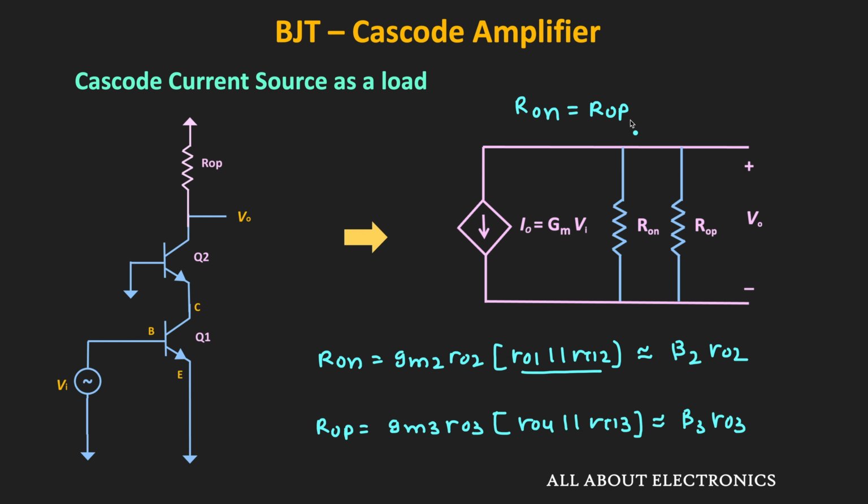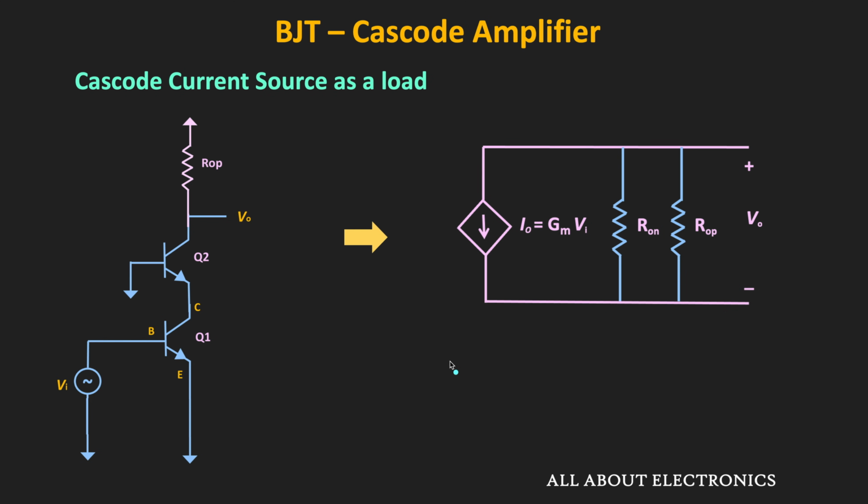So when they are connected in the parallel connection, then the overall output resistance will become half. That means now, if we see the overall voltage gain, then that is equal to gm times this R0 divided by 2. And we know that the transconductance of this cascode stage is equal to gm1. So we can say that the overall voltage gain will be equal to gm1 times beta times R0 divided by 2.